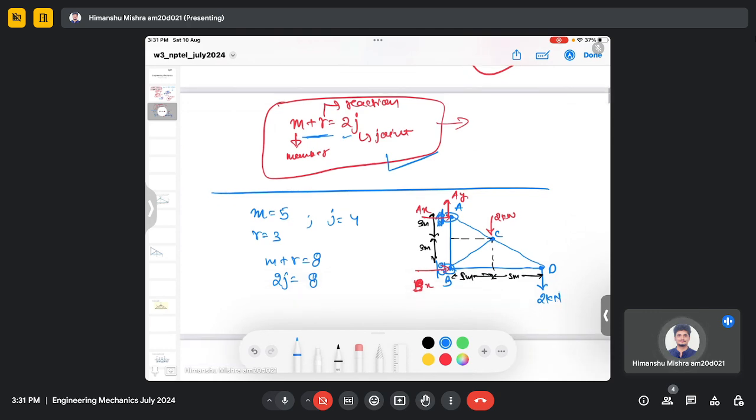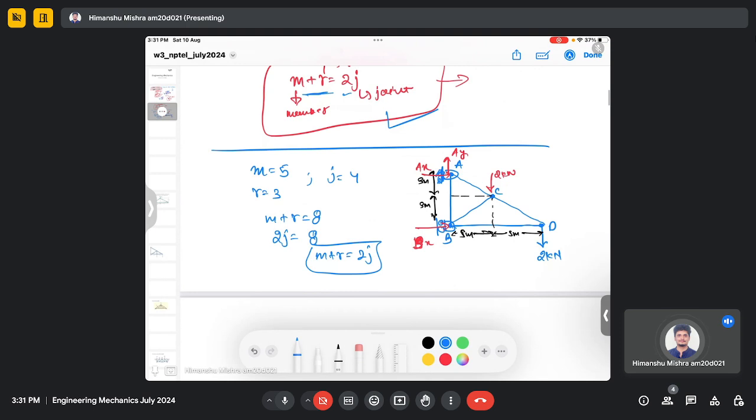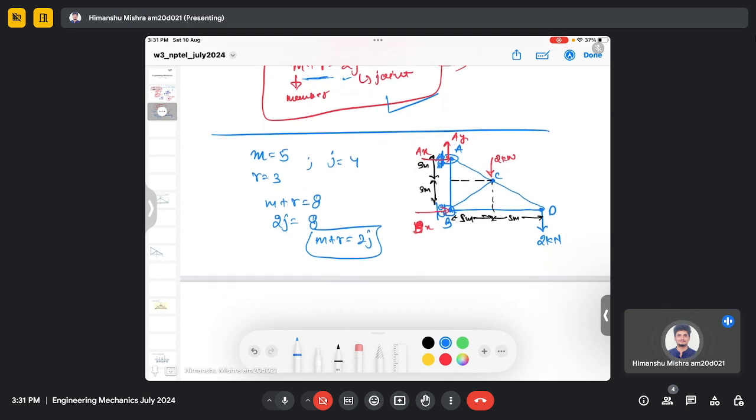So it satisfies M plus R equal to 2J. That means we can go ahead and solve this truss by using method of joints or method of section. So first let's use the method of joint. We will use the method of joint in 2 or 3 problems, and then we will move ahead with the method of section.